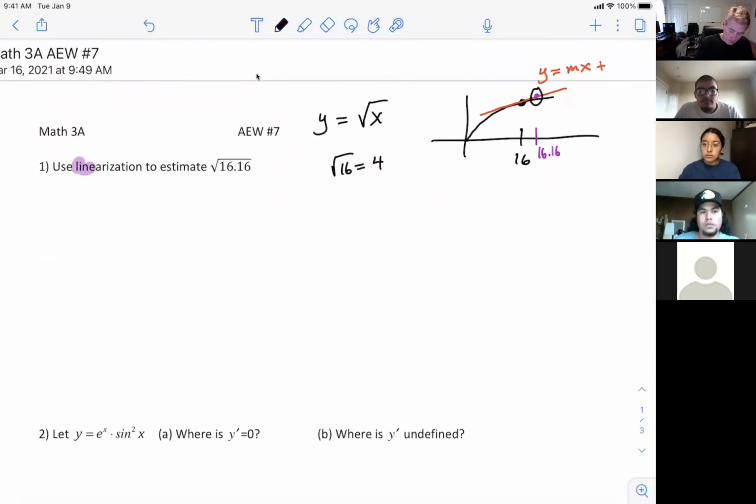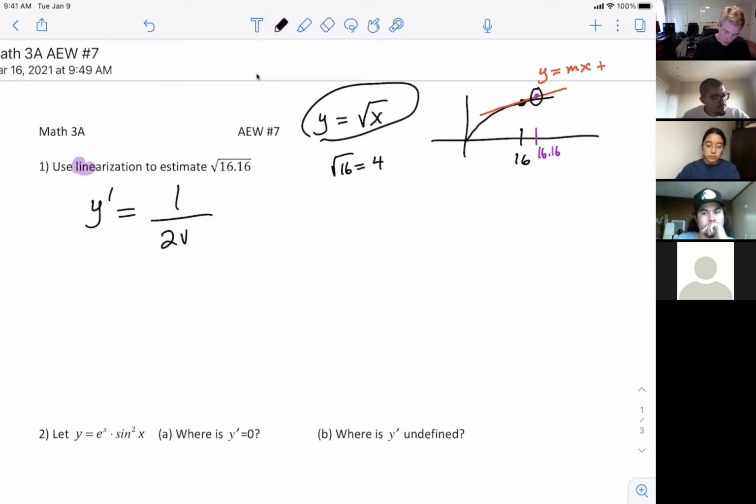Okay, so we start by taking the derivative. And the derivative of the square root function is 1 over 2 times the square root function. And then it's time to use this 16, so plug that in to the derivative.